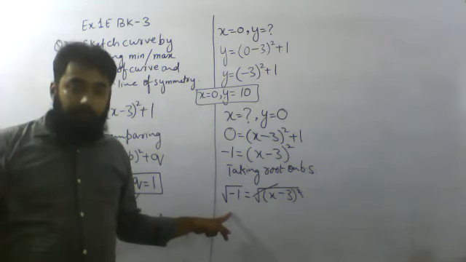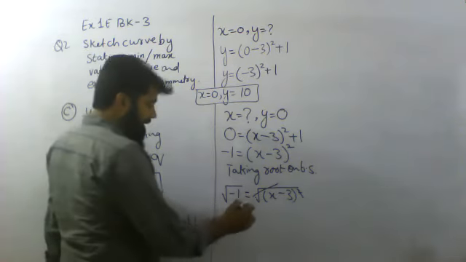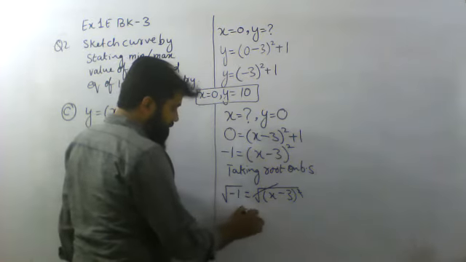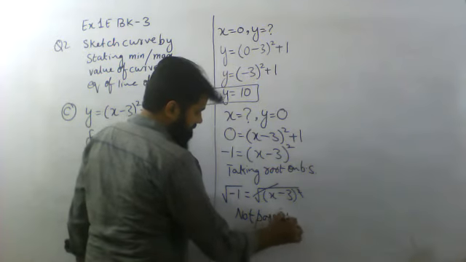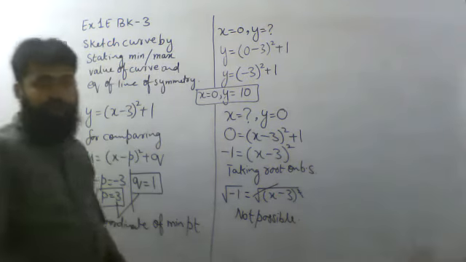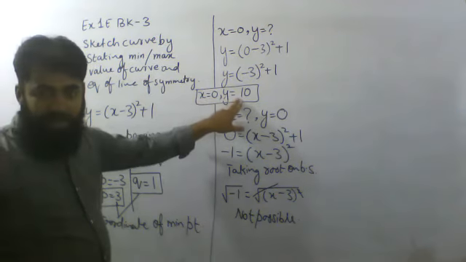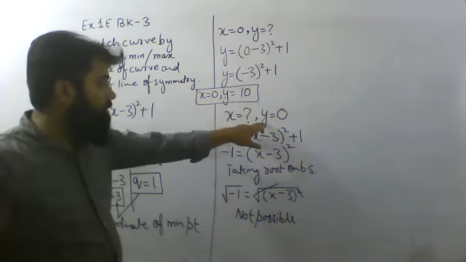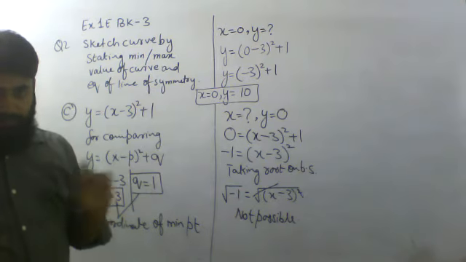It will be an imaginary number, so it is not possible to find. So at x equals 0, y is 10, but at y equals 0, there is no x.